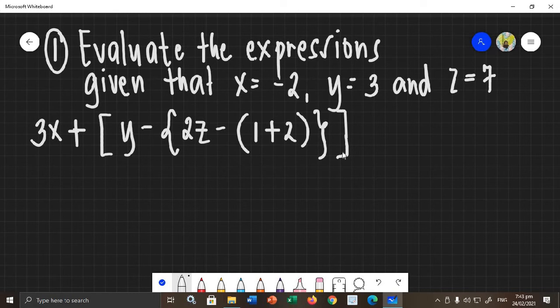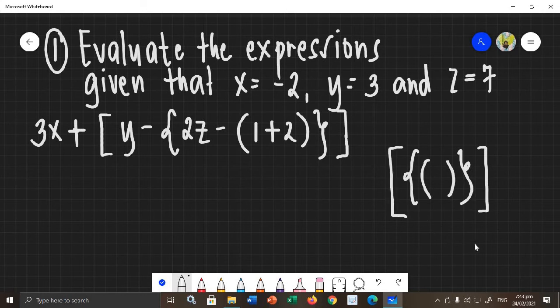So, ito yung sinasabi ko kanina na groupings, no, sa Gemdas. So, basically, para ma-apply natin yung Gemdas, you need to remember itong mga symbols na to. So, una muna is parentheses, and then next is what we call the braces, and then yung brackets, no?